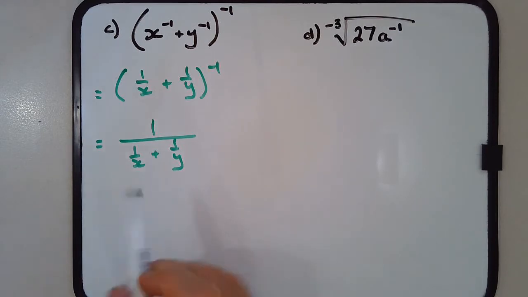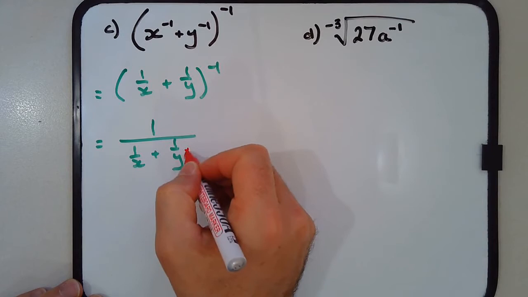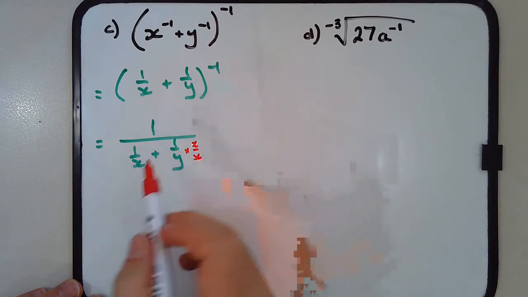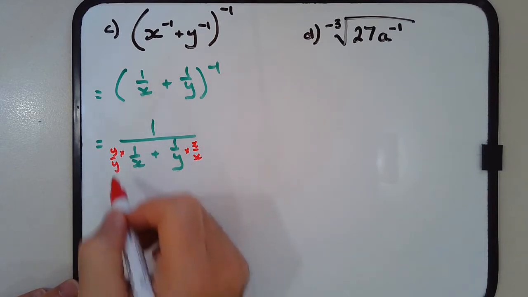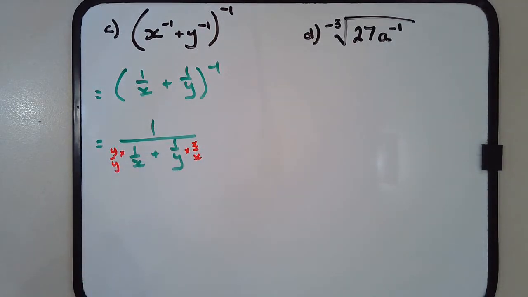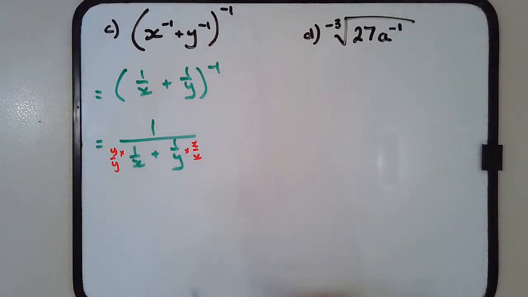Okay. We can't add two fractions together unless the denominators are common. So if we multiply the second fraction by x over x and multiply the first fraction by y over y, hopefully we can do something with this denominator, not have this situation of fractions inside a bigger fraction.